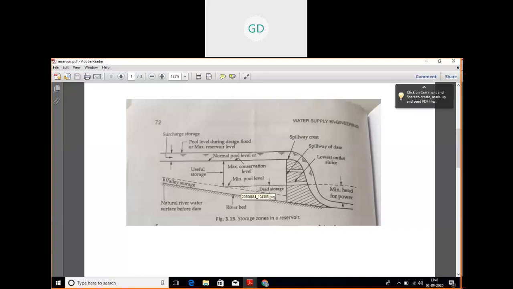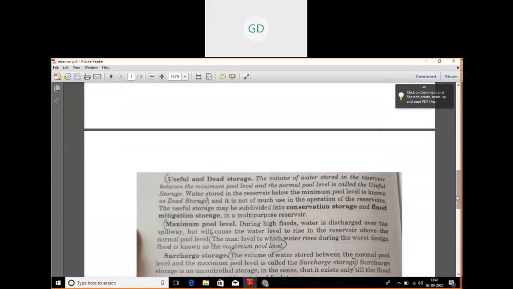The water cannot go below this one. For the dam or reservoir to work under normal conditions, the water should be up to this level. The minimum water level which should be there is known as your minimum pool level.